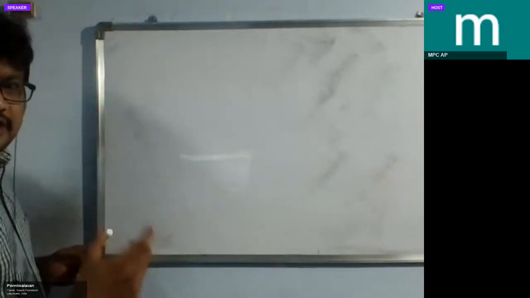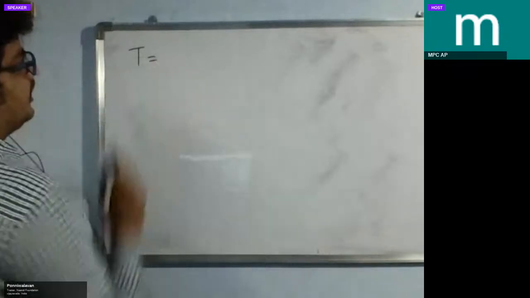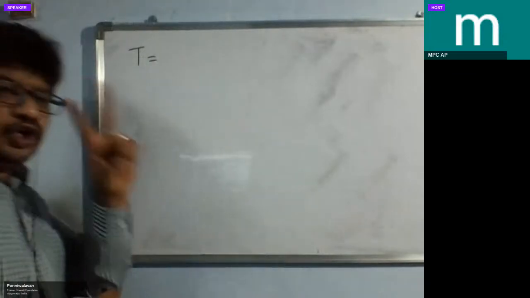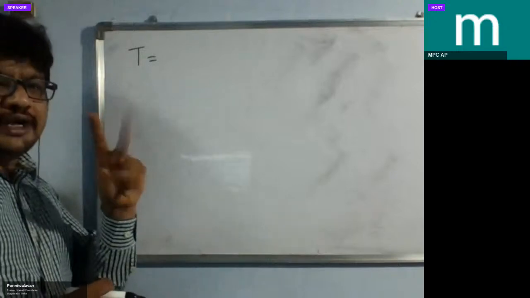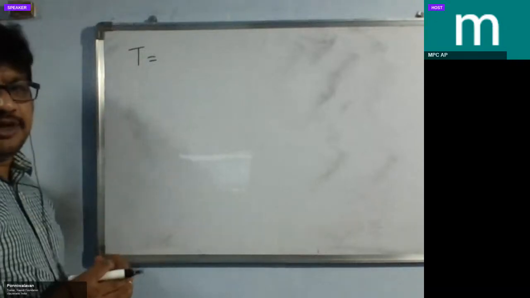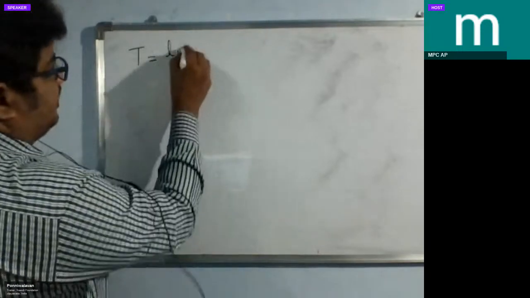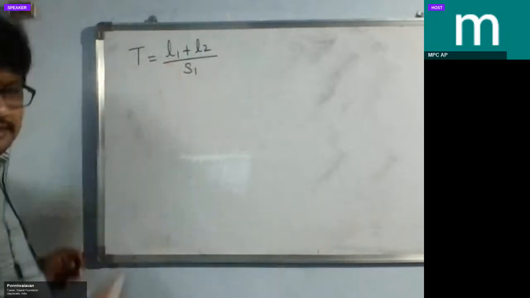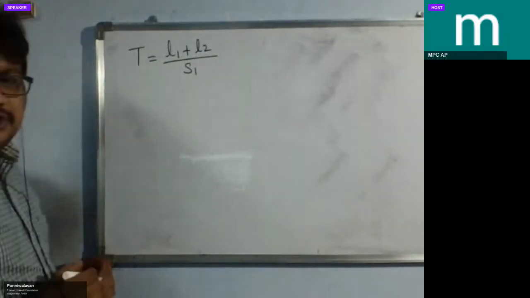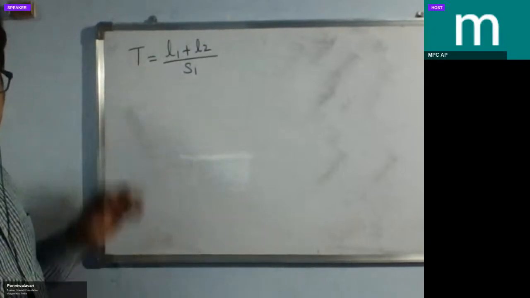Okay. So what is the formula? Then what is the time taken formula? 2 lengths, 1 speed. It is L1 plus L2 divided by S1. Okay, listen to the question.